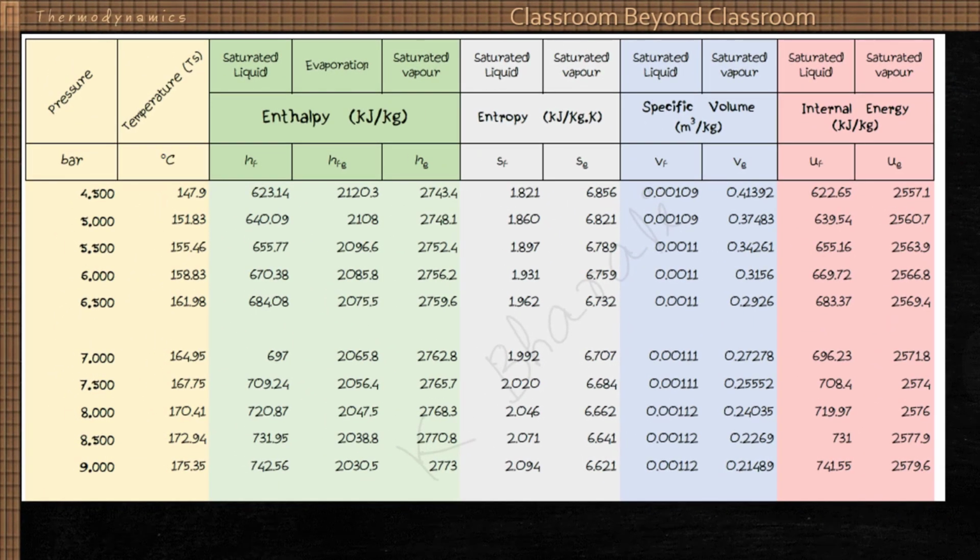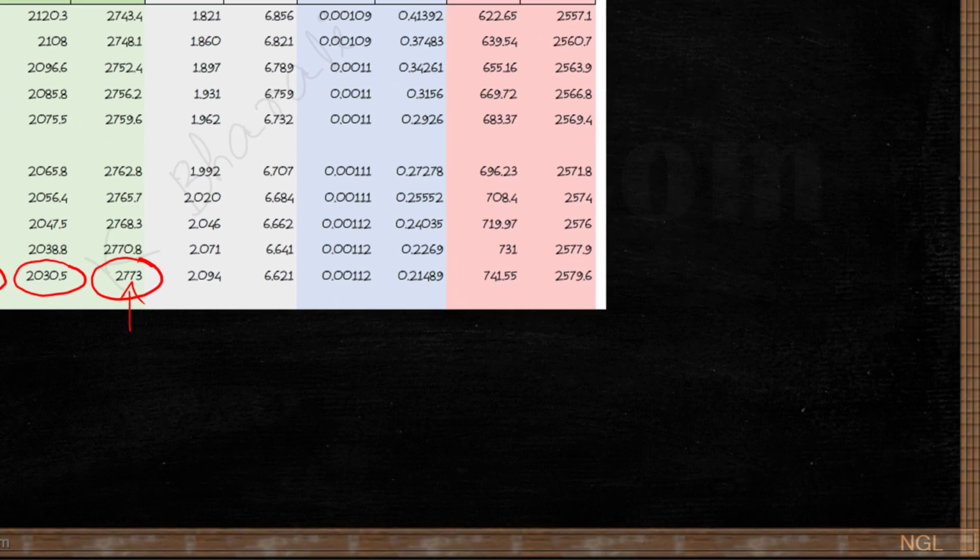From the steam table at a pressure of 9 bar, the sensible heat is 742.56 kilojoule per kg and latent heat of evaporation is 2030.5 kilojoule per kg, and the total heat of dry saturated steam is 2773 kilojoule per kg.